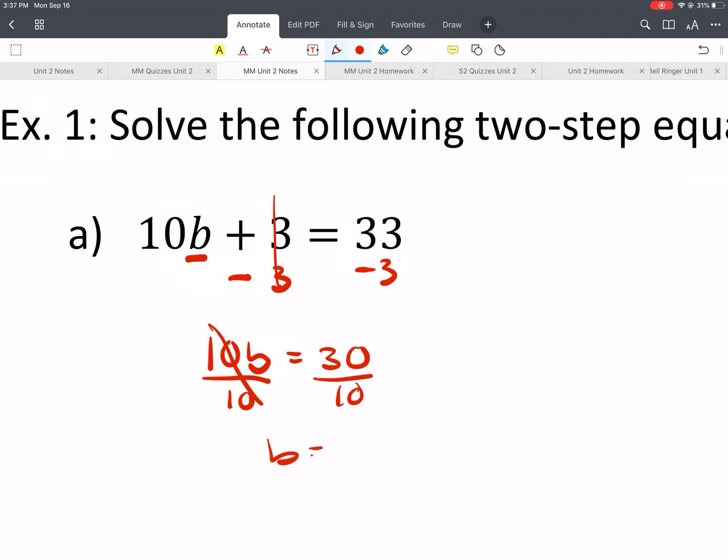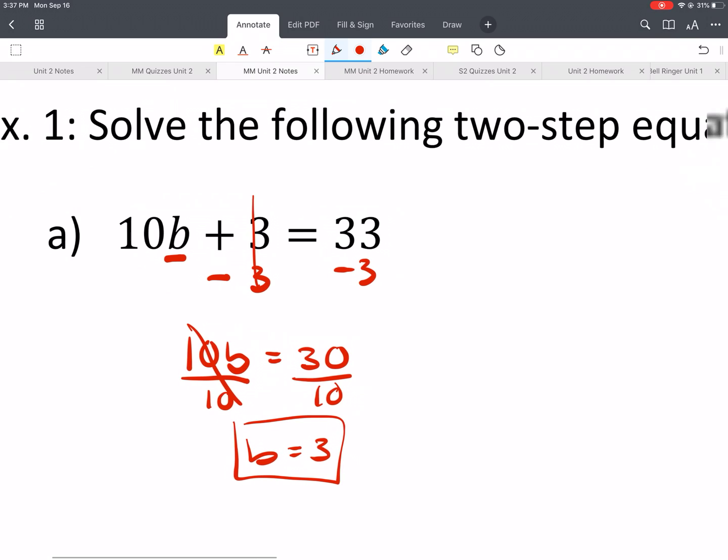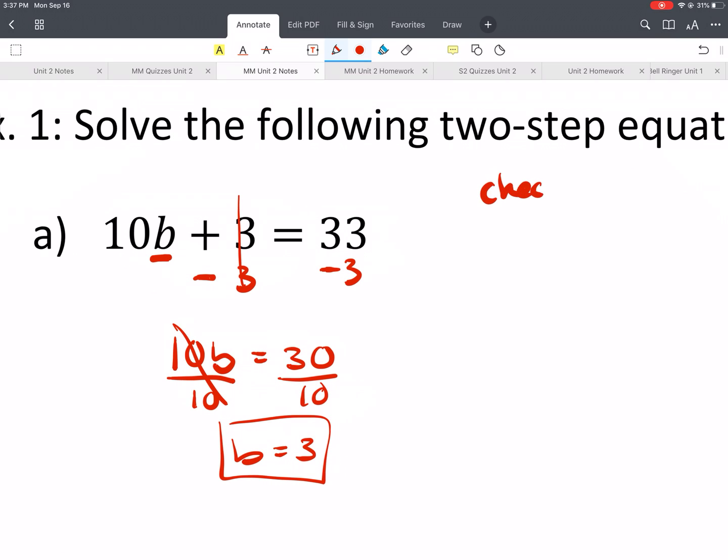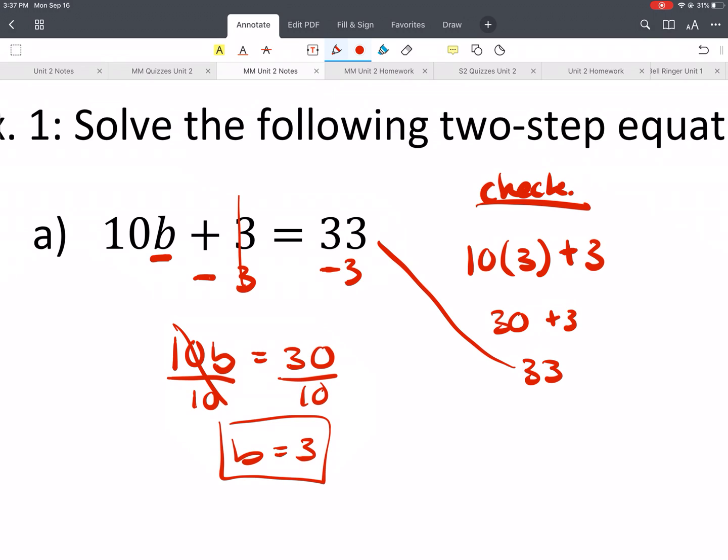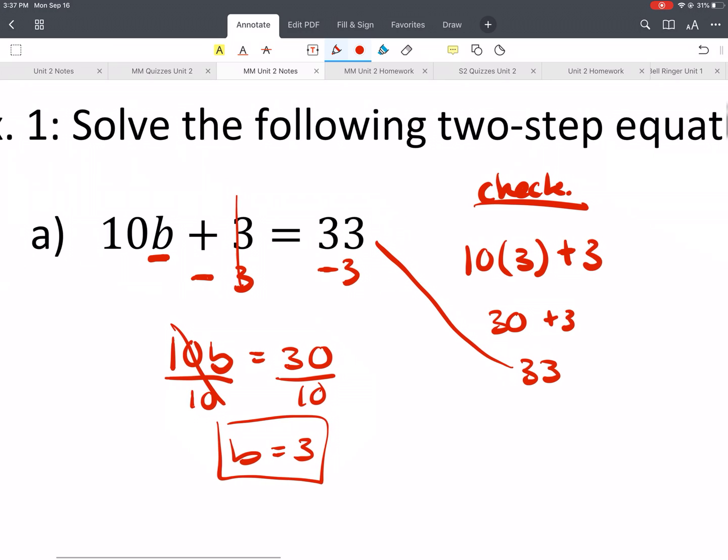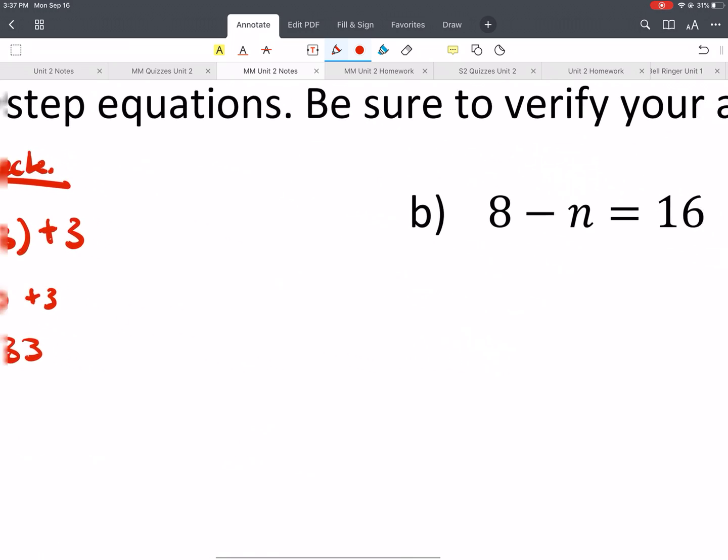We get b equals 3. And if you wanted to check, we would substitute what b is equal to. That would give us 30 plus 3, which gives us 33, the same as the right side.